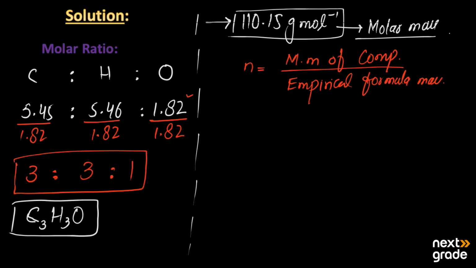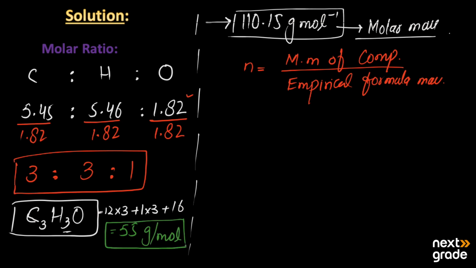We will find the empirical formula mass as follows: there are 3 carbon atoms, so 12 multiplied by 3, plus hydrogen 1 multiplied by 3, plus 1 oxygen which is 16. The answer is 55 gram per mole.